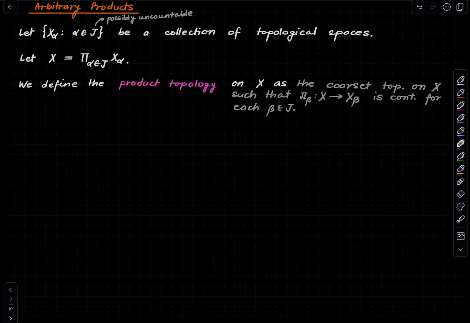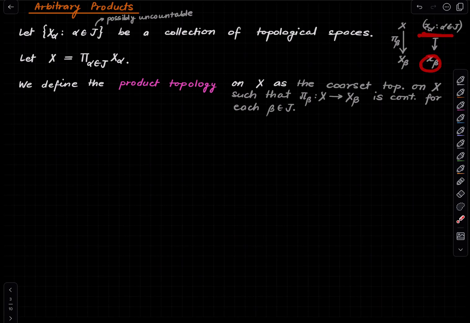It's the exact same definition as we gave for finite products. Nothing changes. So pi beta, I'm sure you recall, is the projection onto X beta, which takes an element of X, if we write it as this tuple, and maps that tuple to x beta.